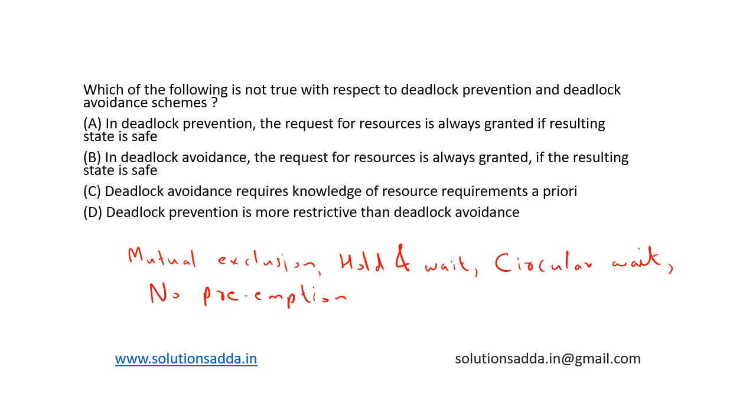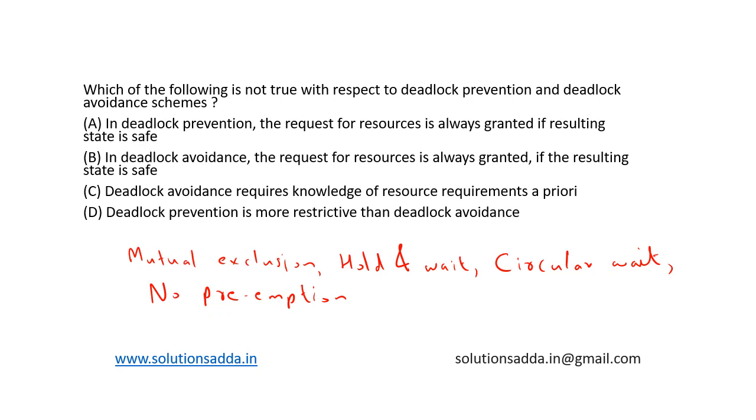So in deadlock prevention, it tries to break one of these four conditions for deadlock. It may reject resource request even if the resulting state is safe in order to break the necessary condition. So this is not true. That is option A is not true.